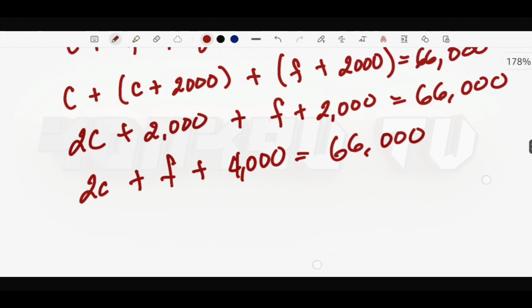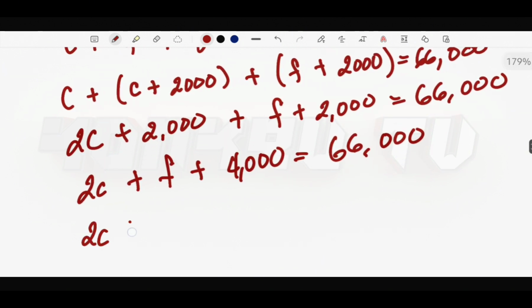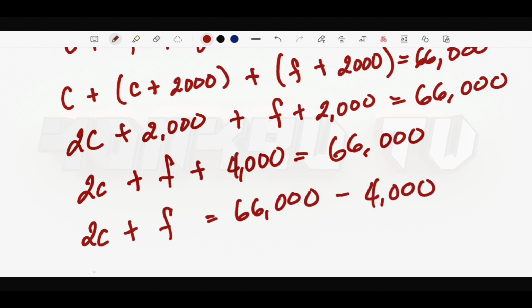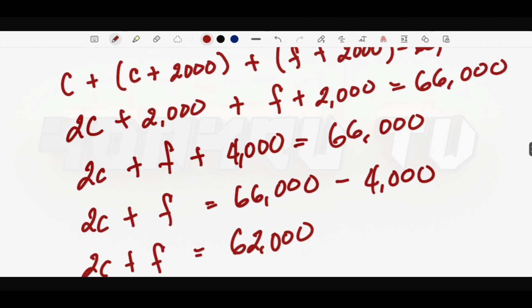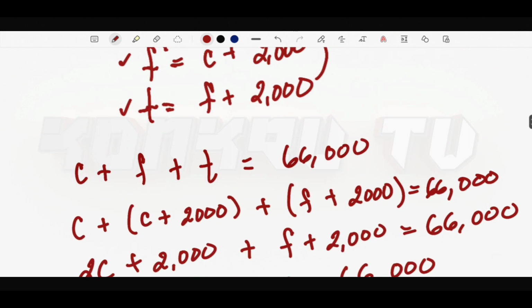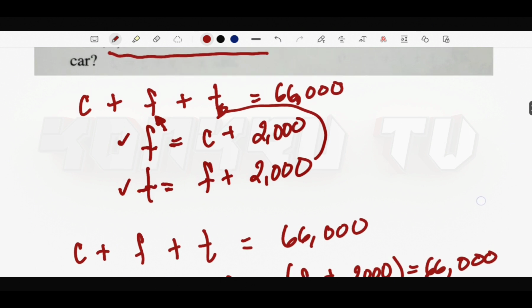Okay? So 2C plus F equals 66,000 minus 4,000. So 2C plus F is equal to 62,000. Okay, so meron tayong C and then meron tayong F. Ano sa palagay nyo ang pwede natin gawin?